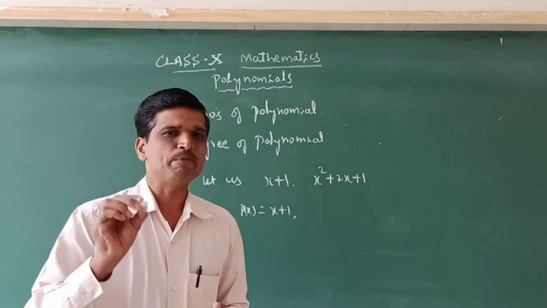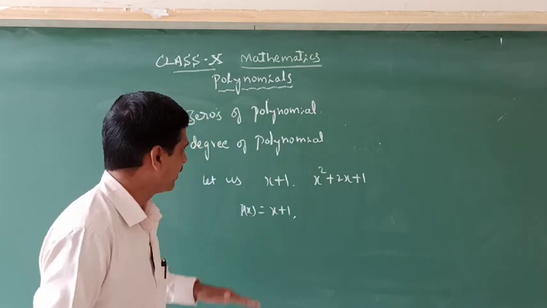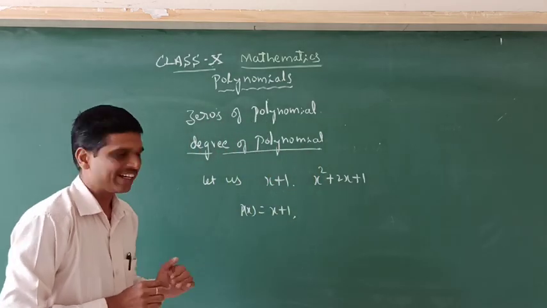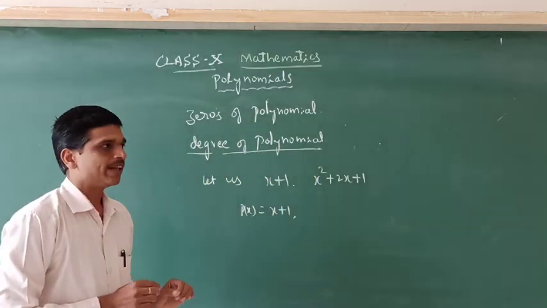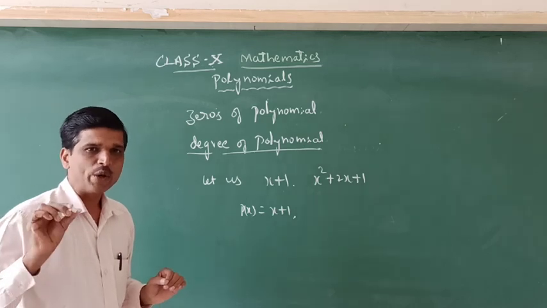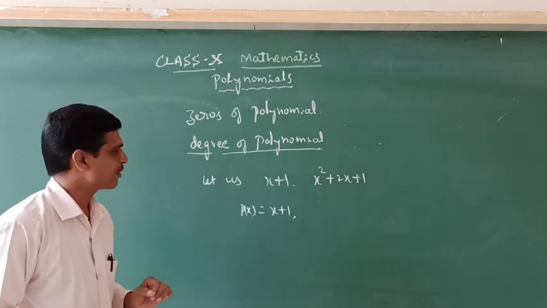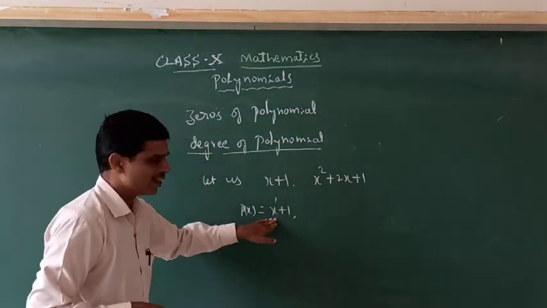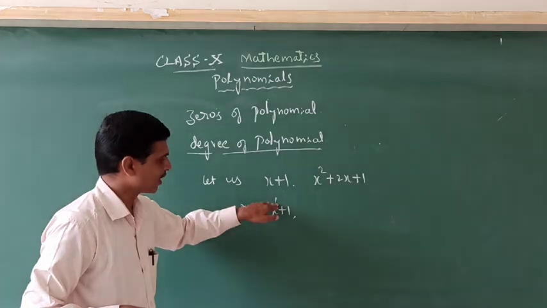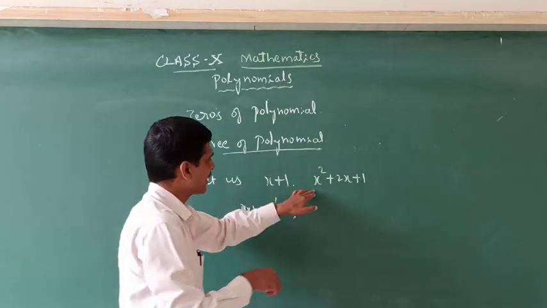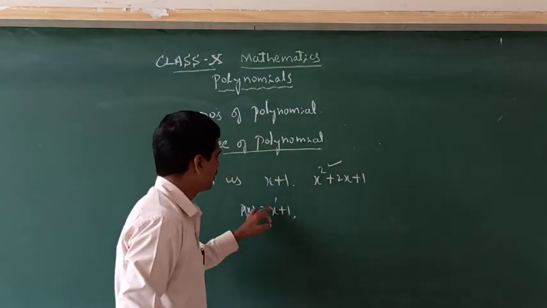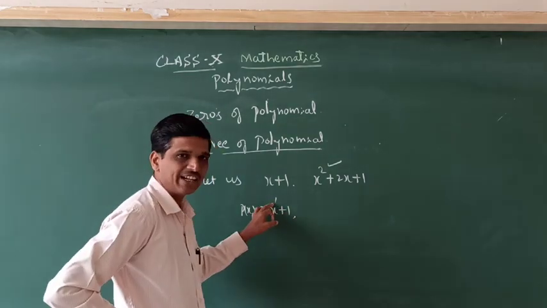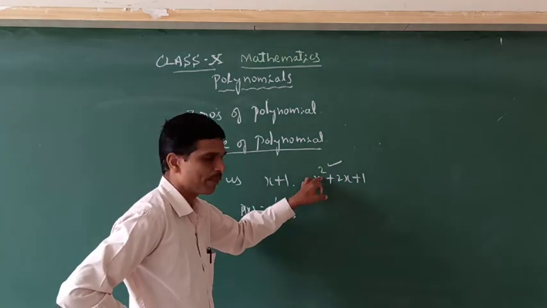The greatest power of the variable in a polynomial is known as the degree of the polynomial. Here x to the power of 1: the exponent is 1. Here the exponent is 2. Therefore, the degree of the first polynomial is 1, and here the degree of the polynomial is 2.